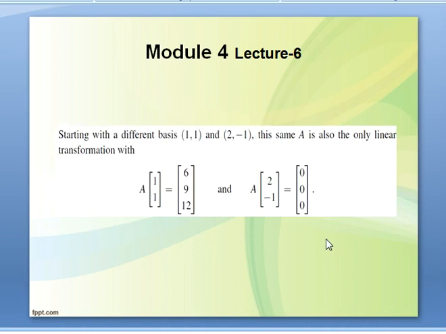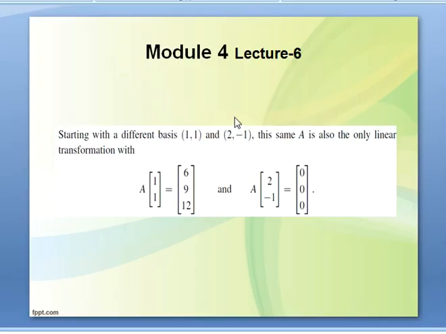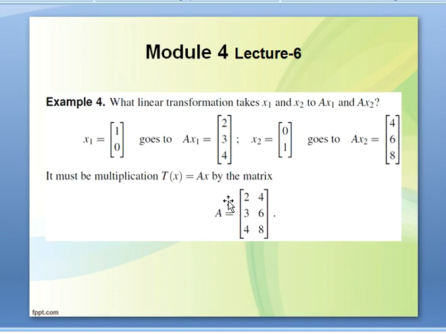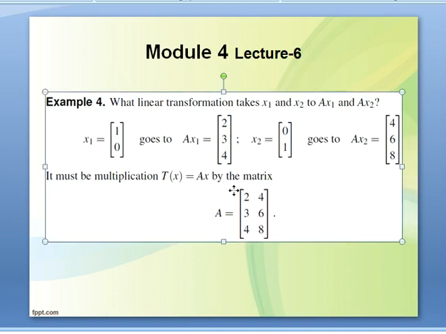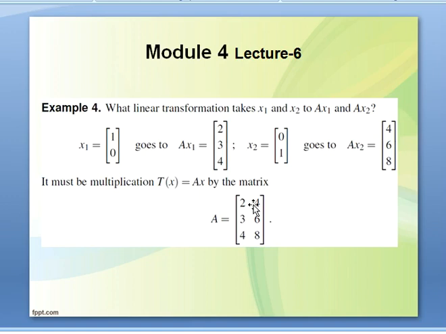If A is getting multiplied with (1, 1), where A is the matrix with rows (2, 4), (3, 6), (4, 8), then it is nothing but 2 plus 4, 3 plus 6, and 4 plus 8.